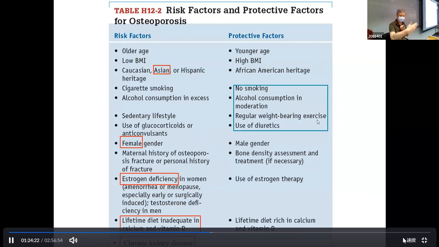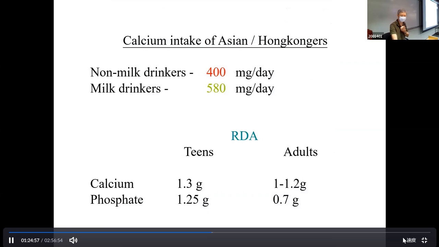That's why promotion of weight-bearing exercise among the elderly has been very important. And of course, we don't use diuretics to protect against osteoporosis. You use diuretics generally only when you have high blood pressure. But this is one of the factors that may reduce the risk of osteoporosis.